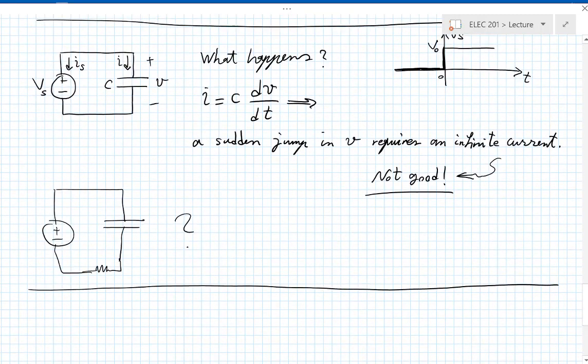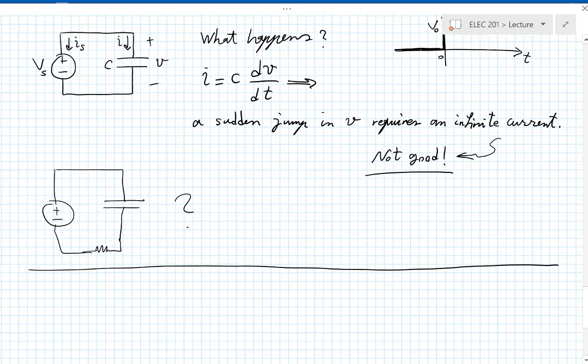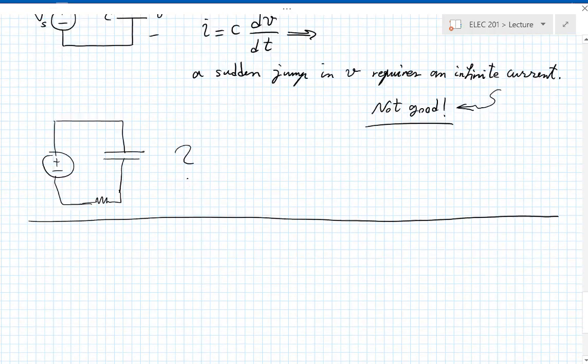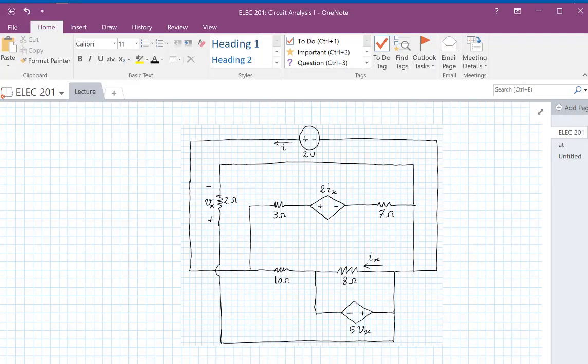Okay. So I think enough with capacitors and inductors for today. I hope this has helped initiate some ways of thinking and hopefully given you some insight. It's something that really comes with looking at different problems. Okay. So I want to move on now to another problem. And you see the current I up there in that branch at the top? That's my question. What is the current I?